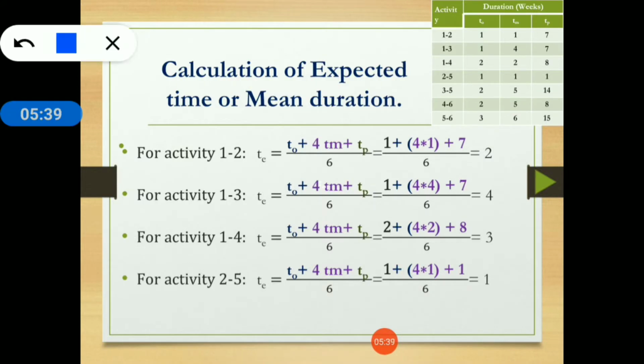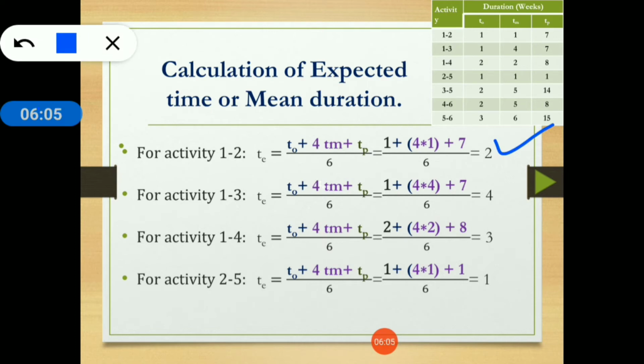So here the equation is given to find the expected duration. For activity 1 to 2, the times are 1, 1 and 7. Just place the times: 1, 1 and 7. So we will get the answer, that is 2.